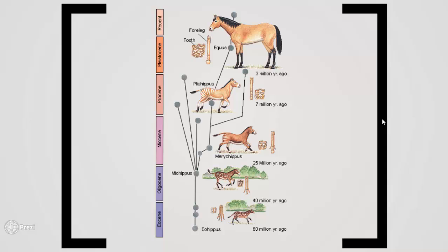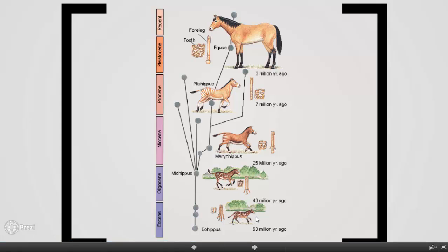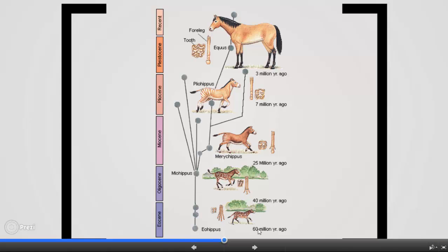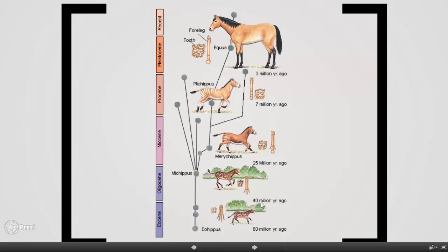And with that said, that means that we can see that an animal 60 million years ago, like the Eohippus, we have a tooth fossil and a foreleg fossil. It was a very small horse-like animal. 40 million years ago, the Miohippus, and we have a tooth fossil and a foreleg fossil.